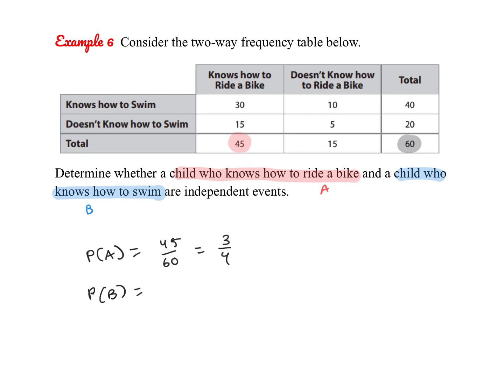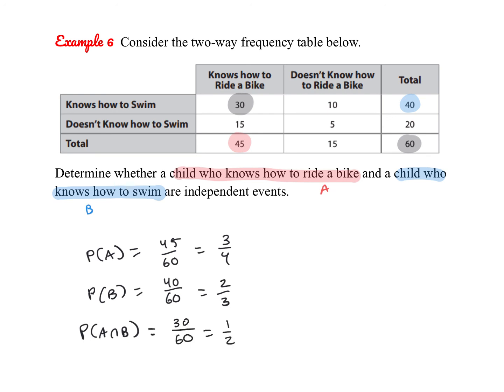Now let's find the probability that a child knows how to swim. That's 40 out of 60, so 2/3. And now we're going to find the probability of the intersection. How many children know how to ride a bike and know how to swim? That'd be 30, so 1/2.